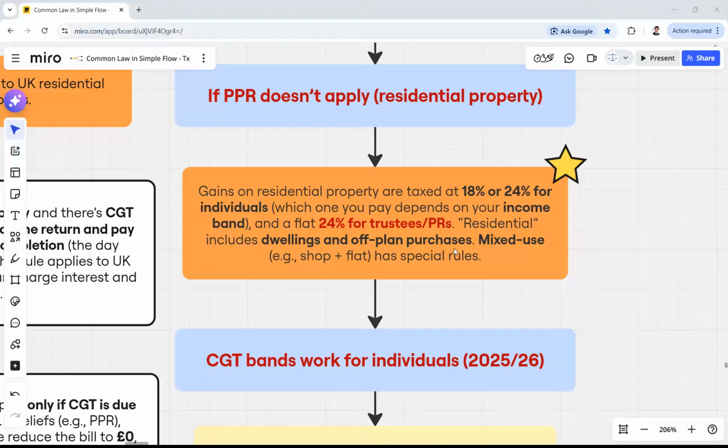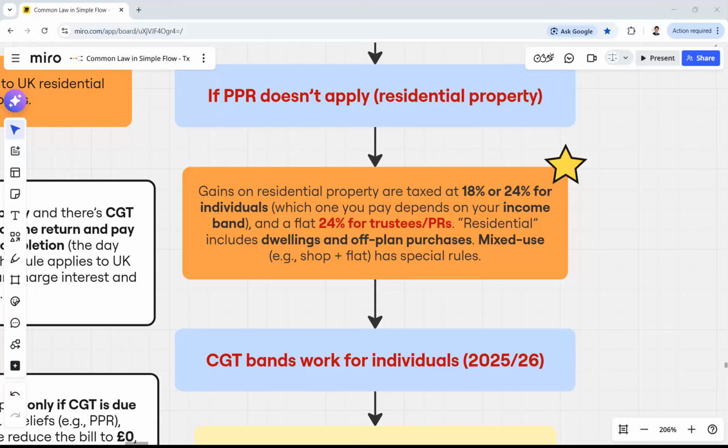Which one you pay depends on your income bands. So 18% and 24% are for individuals who are selling and making a gain on their residential property, and a flat 24% for trustees and PRs.